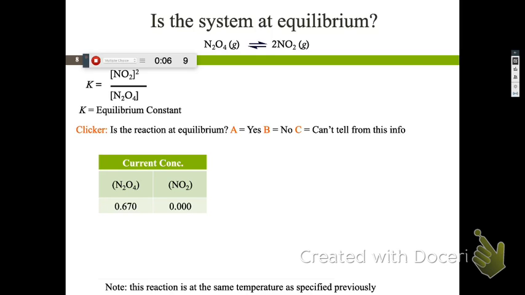Yes, no, can't tell. And then the second question is going to be, what has to happen for this reaction to get to equilibrium? A couple more seconds.